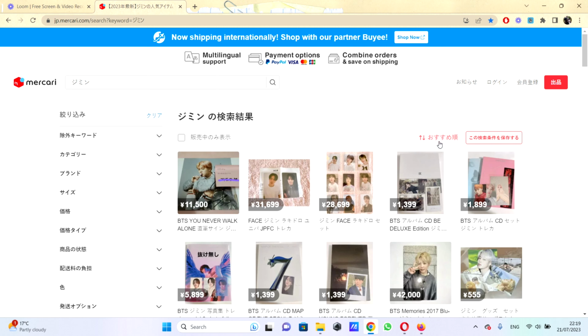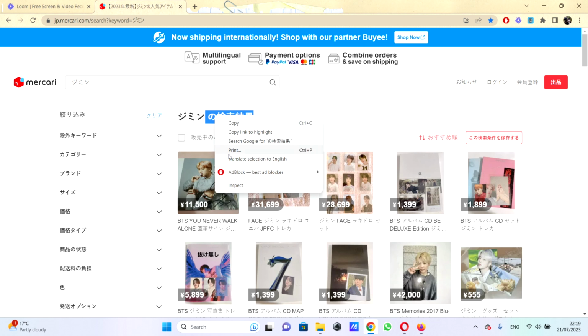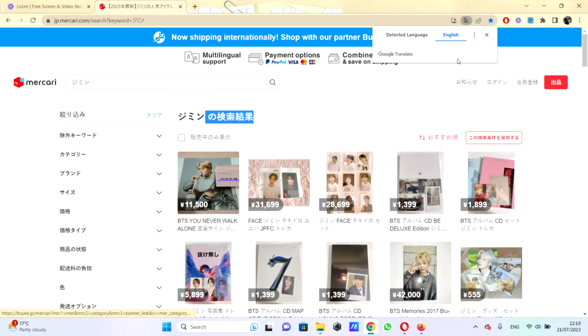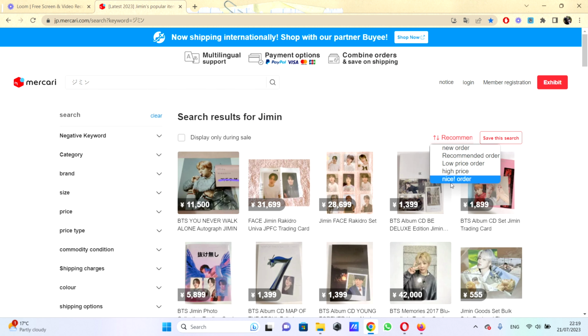I also recommend switching this. We need to translate the page quickly, so let's do what I did before. Here is the sort order. The automatic one is recommended. I don't know why it's recommended, so I just do new. You can do from the lowest, from the highest.